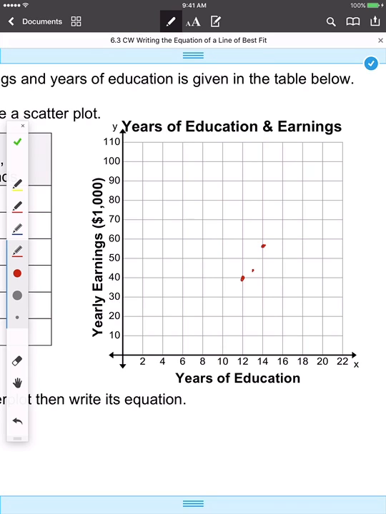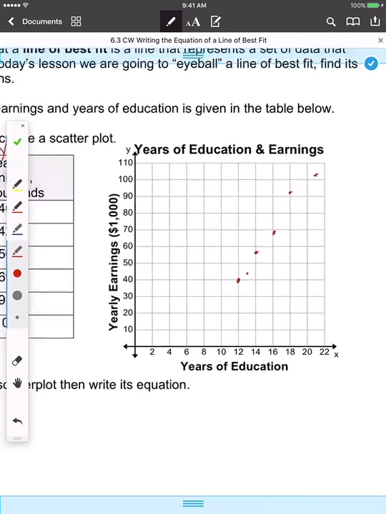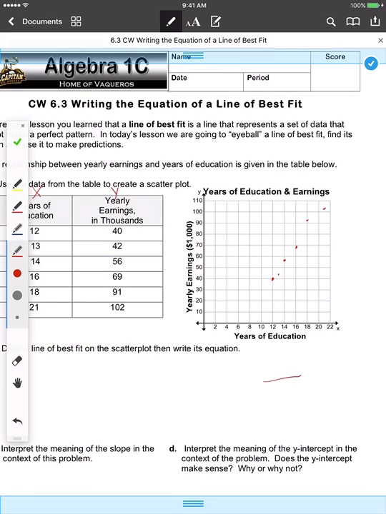Next point, 16, 69. Just make sure you're plotting all these points on your graph. 18, 91, and 21, 102. Alright, and there we have our scatter plot.